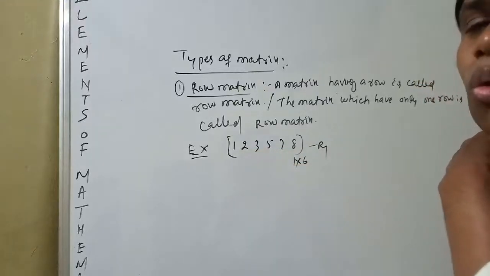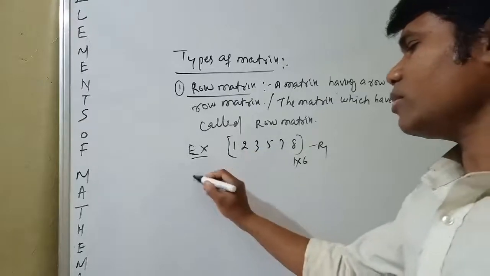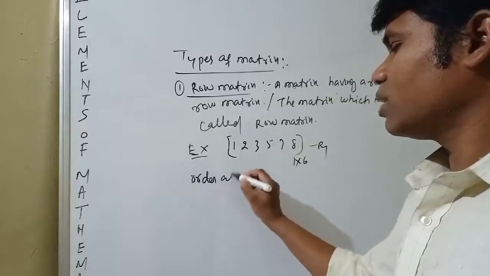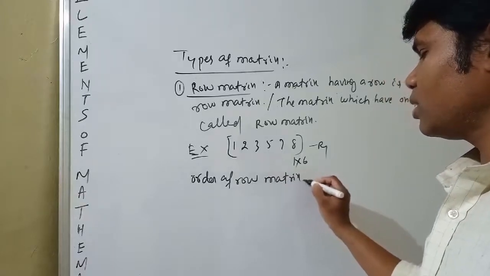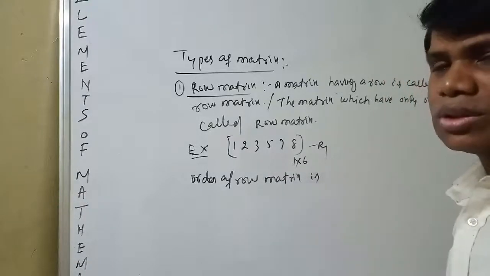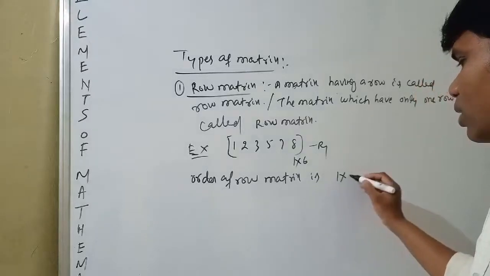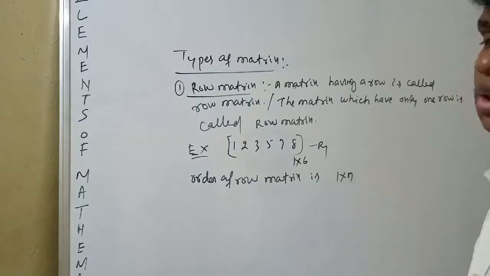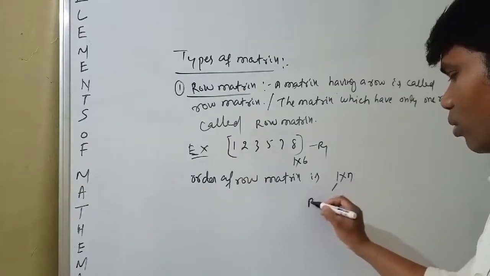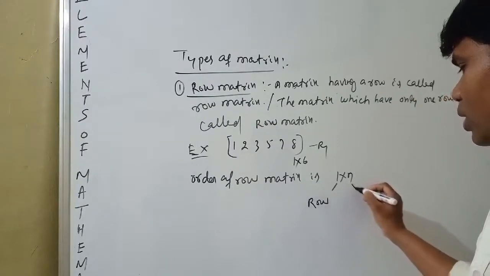What is the order of a row matrix? The order of a row matrix is 1 cross n. This is your row, this is your column.